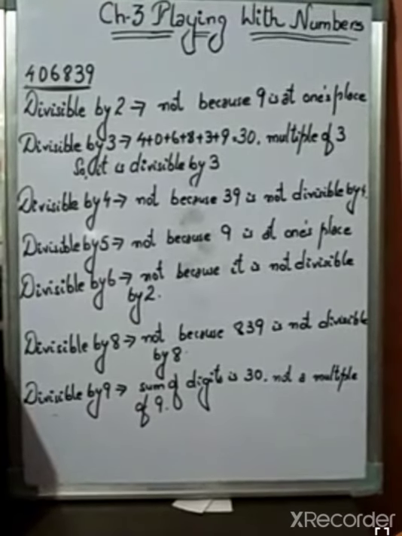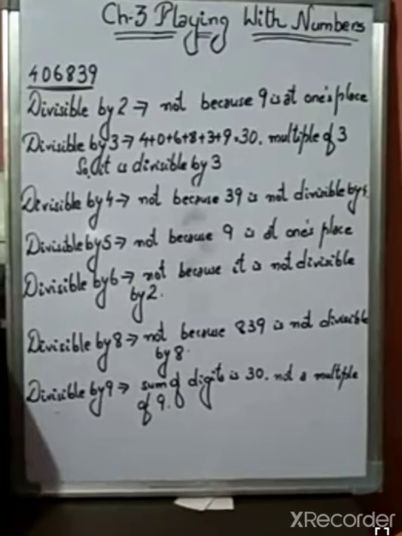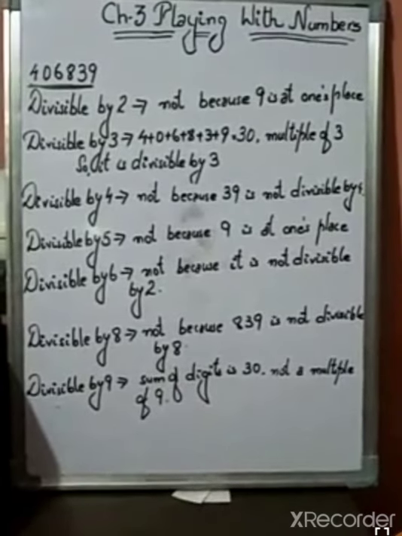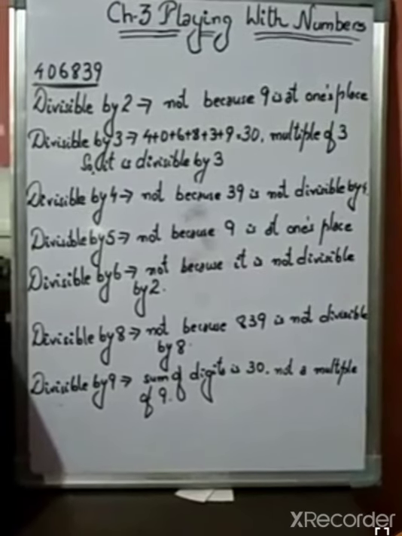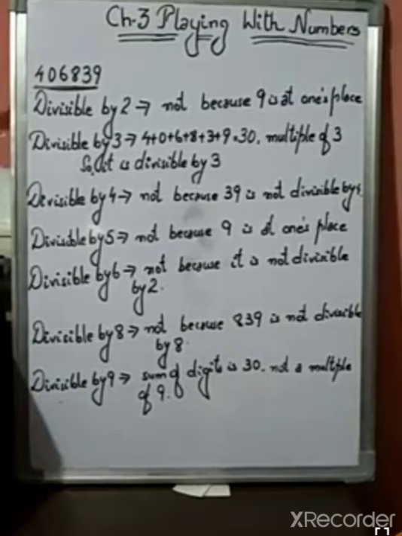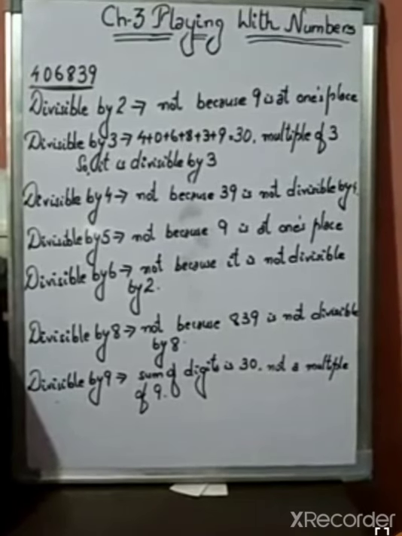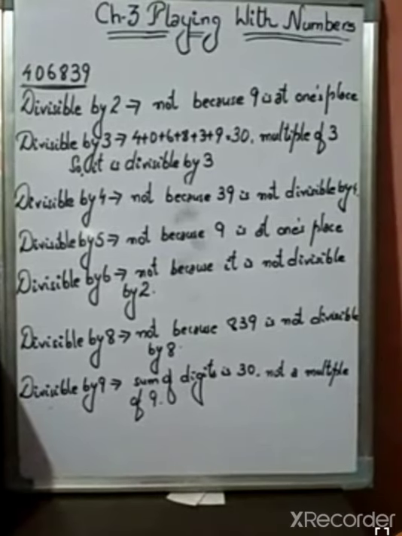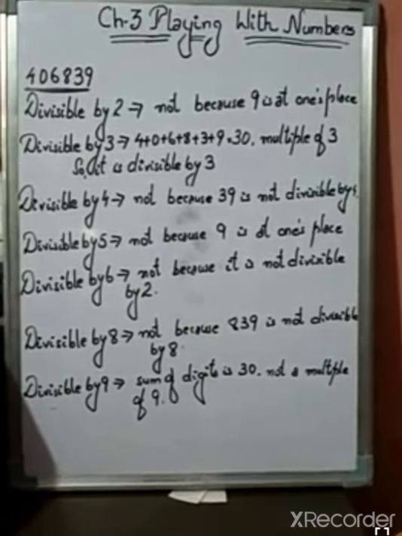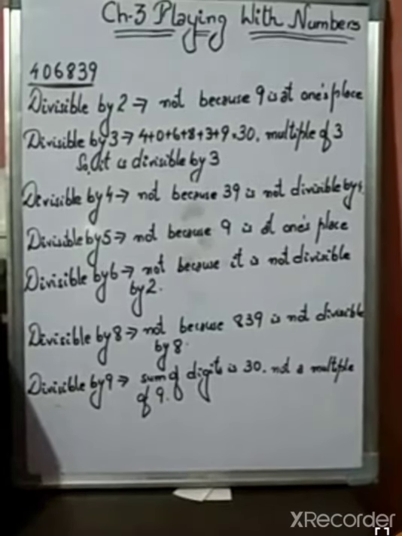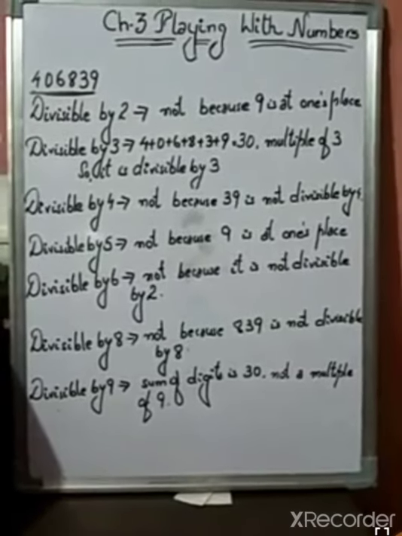As I have told you earlier, a number is divisible by 5 if it has either 0 or 5 at its ones place. But in this case, we have 9 in its ones place, so this number is not divisible by 5. Let's check for the divisibility by 6. It is not divisible by 6 because this number is not divisible by 2. A number is divisible by 6 if it is divisible by both 2 and 3.